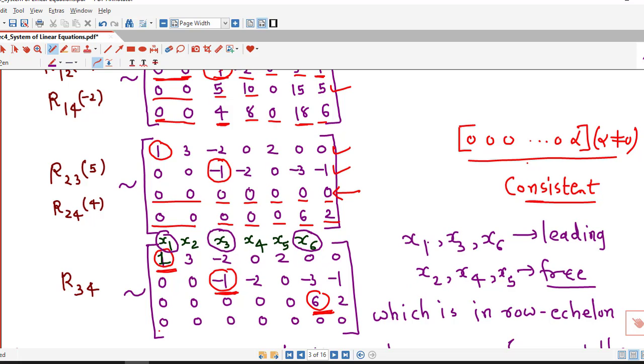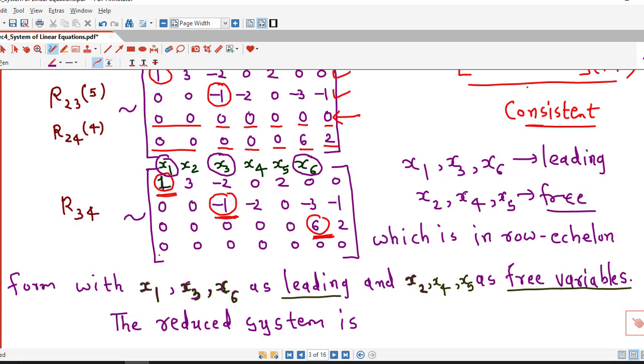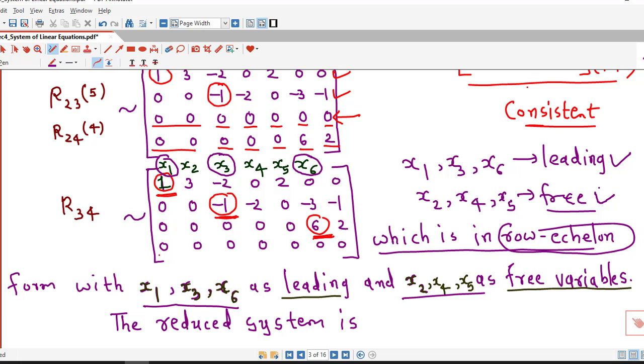Because we obtain free variables, the system has infinitely many solutions. The system is in row echelon form with x1, x3, x6 as leading and x2, x4, x5 as free variables. Now we write down the system corresponding to this row echelon form, and then we convert leading variables in terms of free variables to write down the infinite number of solutions.